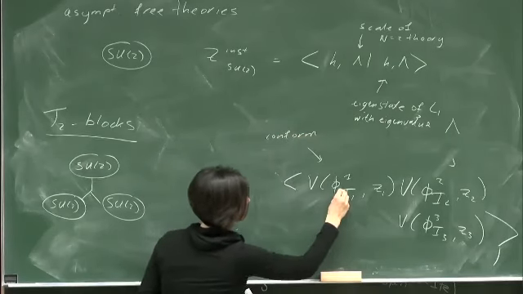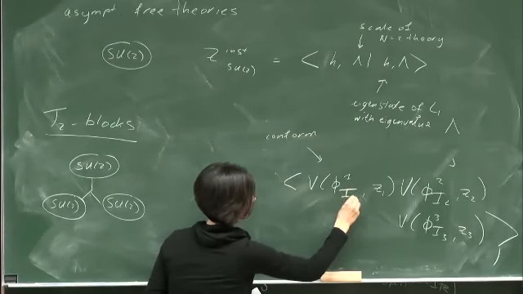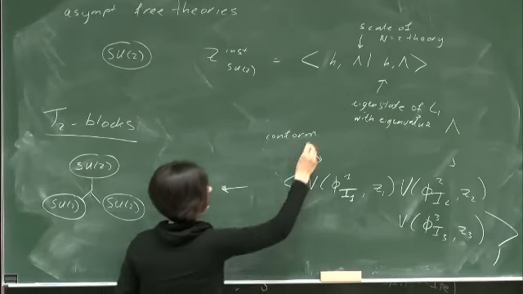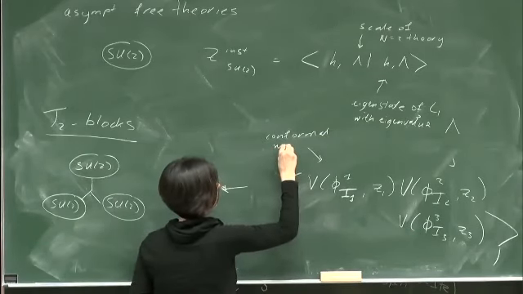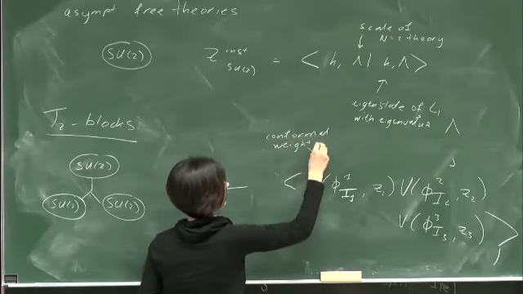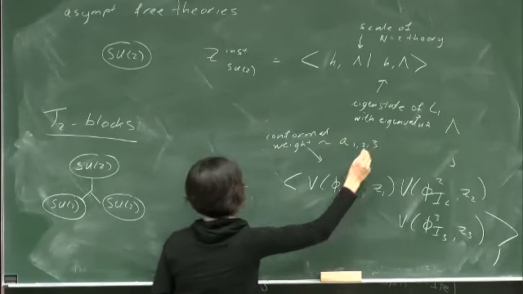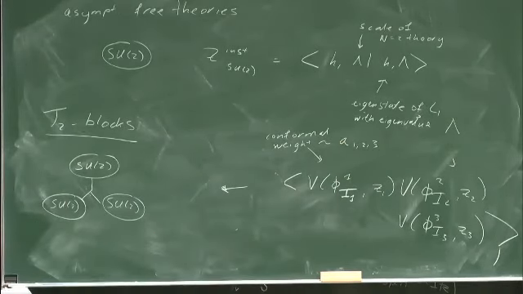So the descendants are encoded in this partition I1, I2, and I3, and the conformal weight of the corresponding primary is related to these Coulomb parameters A1, A2, A3 of these gauge groups.